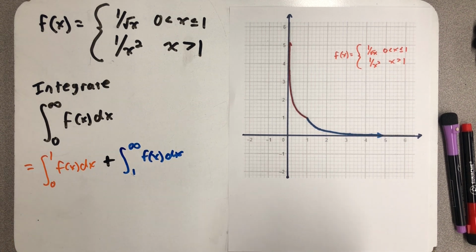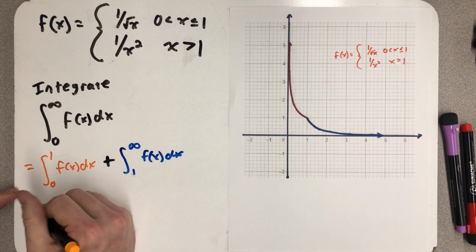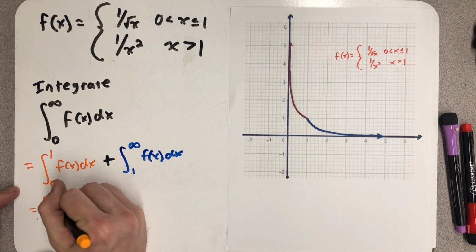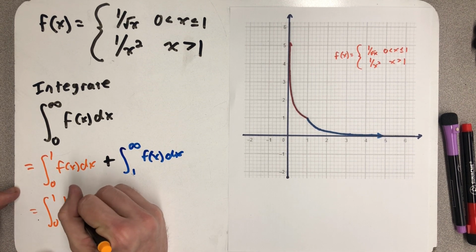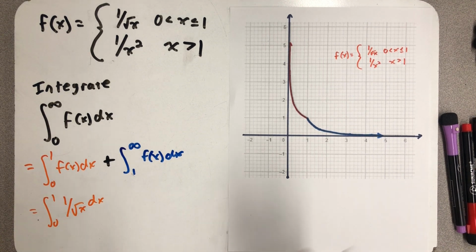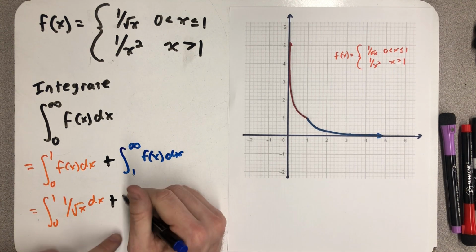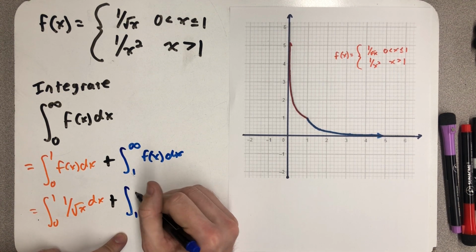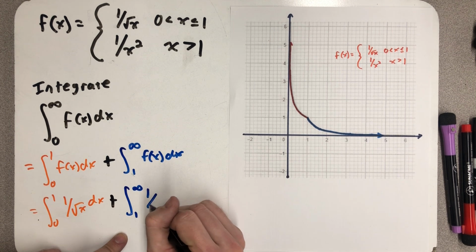Because what that lets me do is, on the interval between 0 and 1, my function is just equal to 1 over root x. And on the interval between 1 and infinity, my function is simply 1 over x squared.